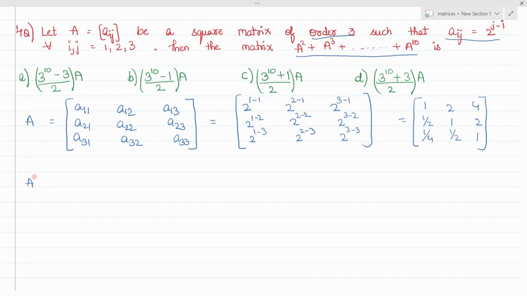So let's find A square and observe whether we are getting some pattern or not. So how to do A square? Using matrix multiplication.